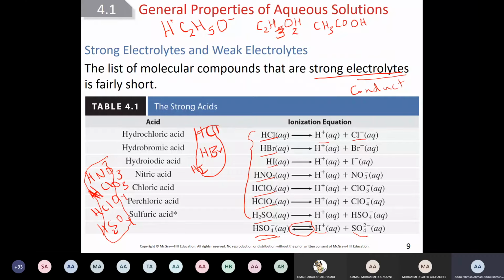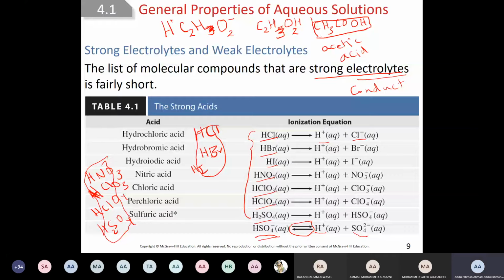Actually, we always write it like CH3COOH; that's the best way. See, I'm making a mistake now by not writing it this way. I want you to memorize it like this. What's the name of this acid? Acetic acid.